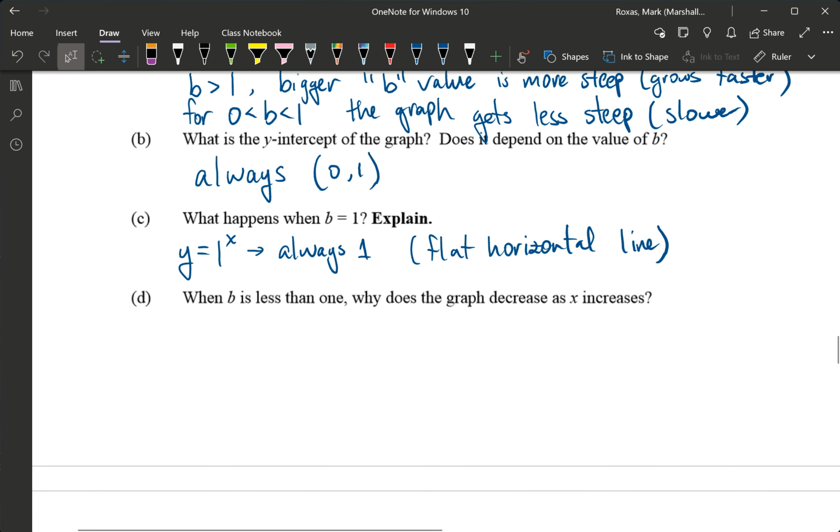And then when b is less than 1, why does the graph decrease as x increases? Take for example y equals (1/2) to the power of x. If you let x equals 2, then y equals 1/2 times 1/2.